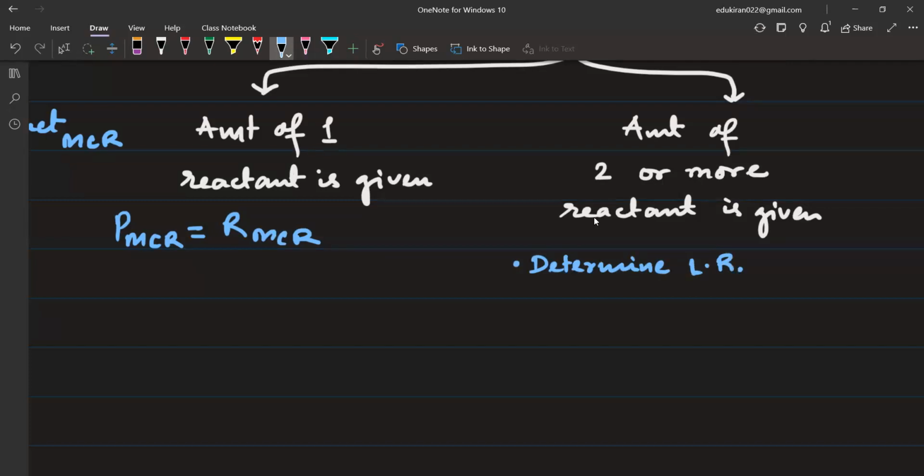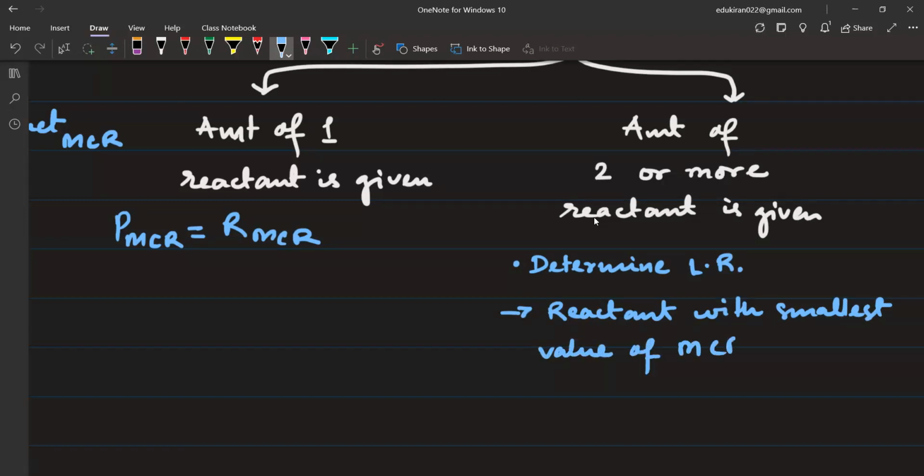Now, what is limiting reagent? Reactant with smallest value of MCR. MCR, ठीक है ना? Reactant with smallest value of MCR is limiting reagent.